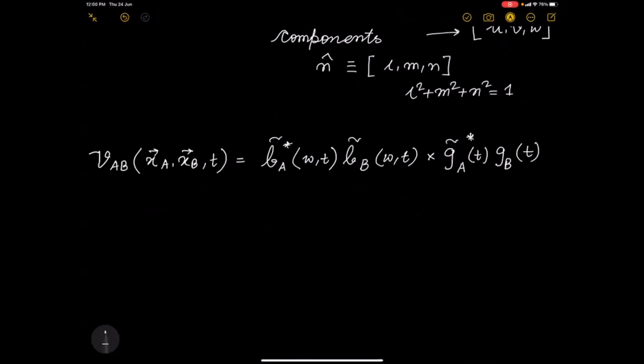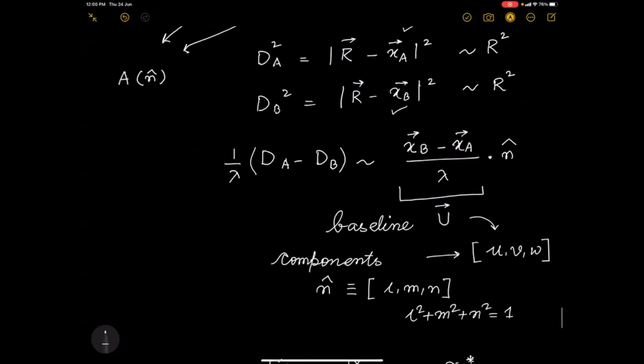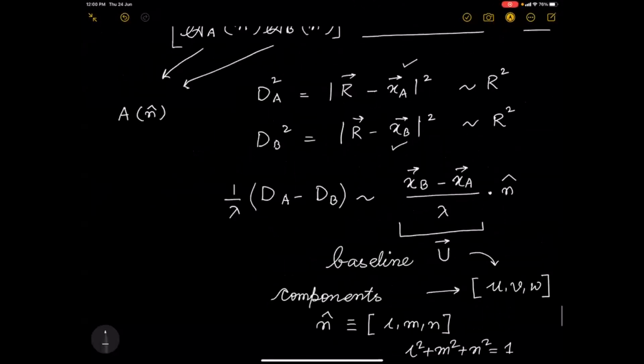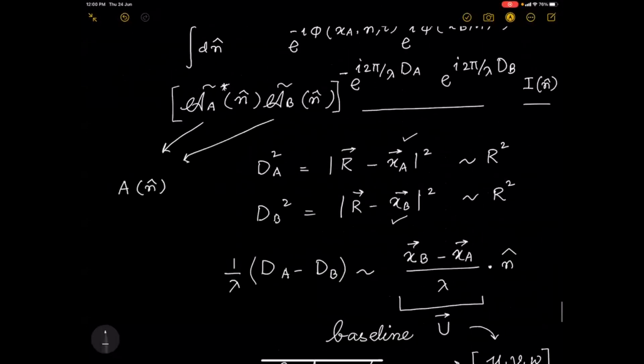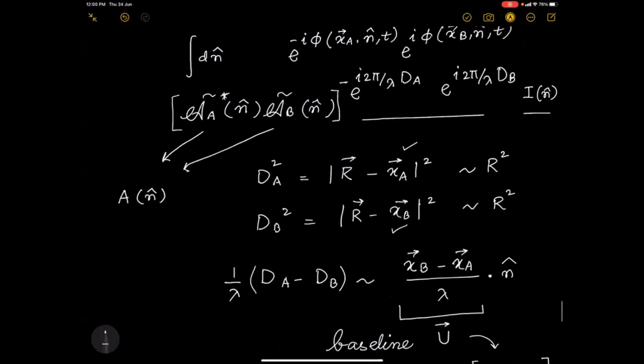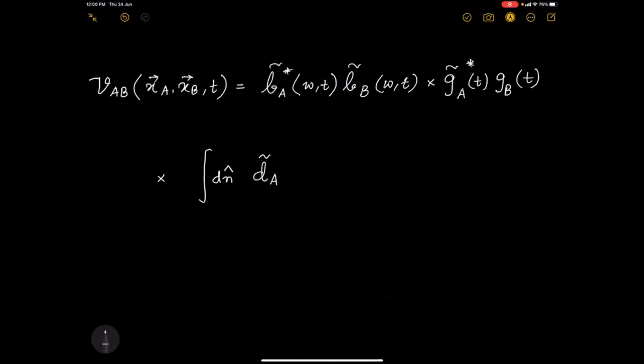One is bandpass, one is gain. I have the ionospheric factors, which let me write as D. It's just a name for that e to the power whatever you have as the ionospheric factor.